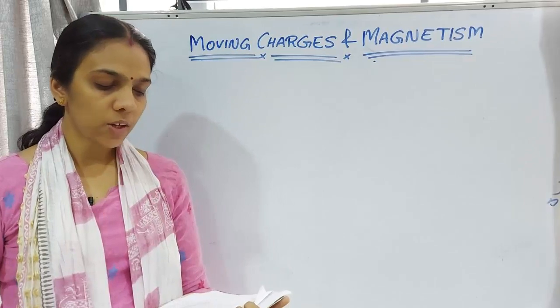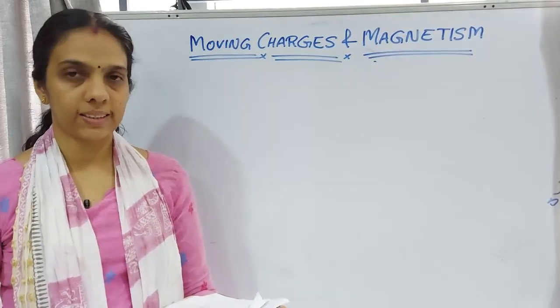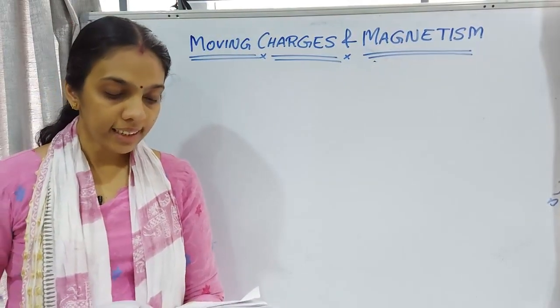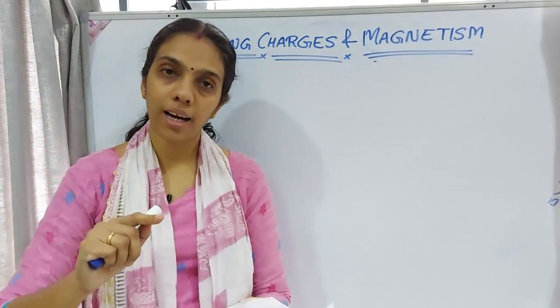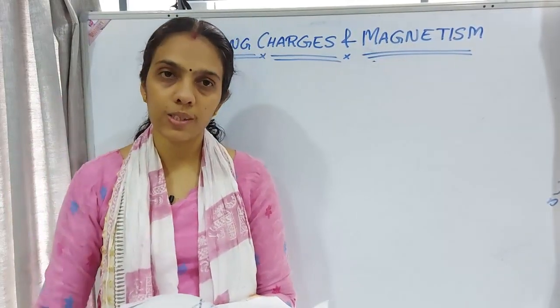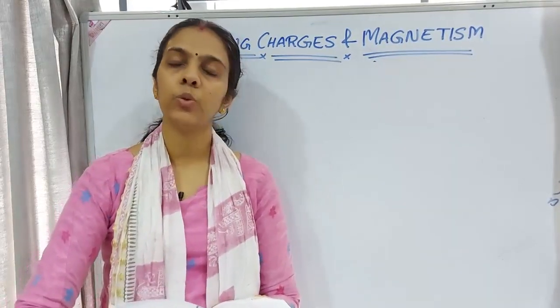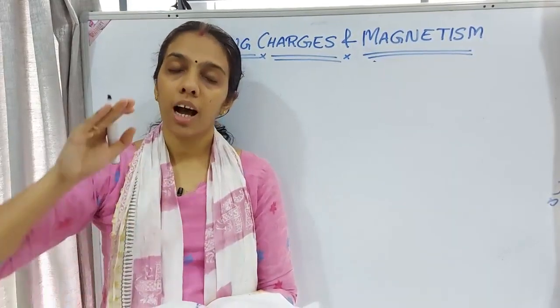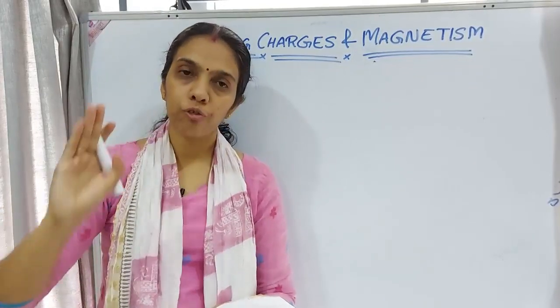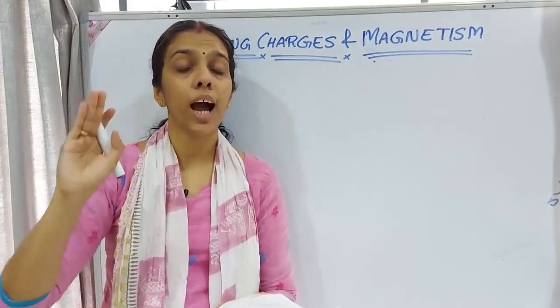Calculate the radius of curvature of its trajectory. See, the first one: the condition under which a charged particle moving with velocity v undergoes no deflection in a uniform magnetic field.